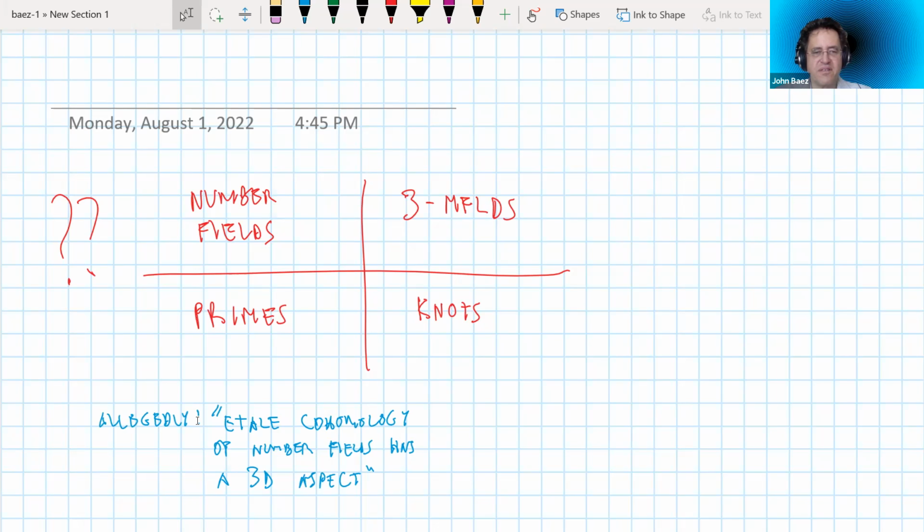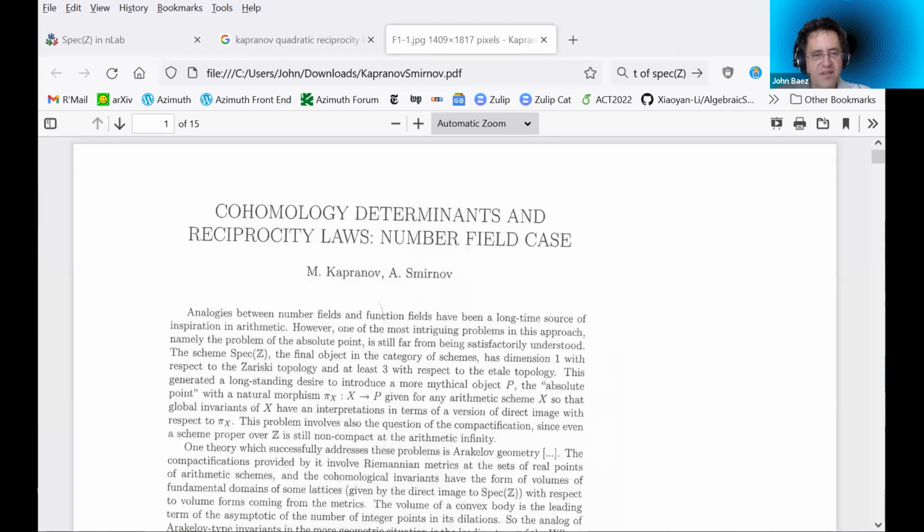Yeah, so there's a paper, and I've been trying to find it. Can I just share my screen for a second? Sure, go ahead. So I think it's this paper here by Kapranov and someone named Smirnov.